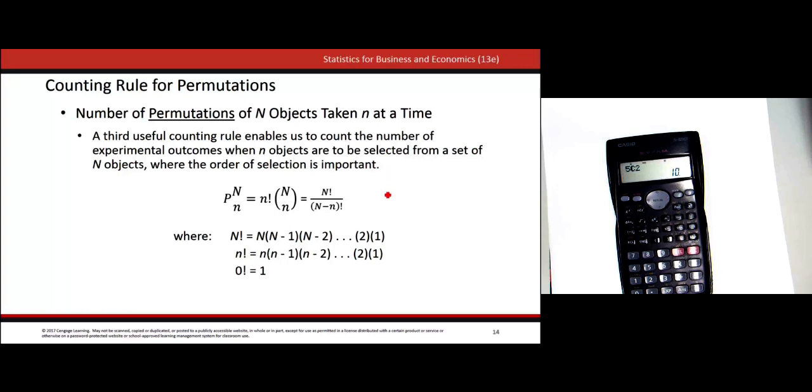For example, for the permutation, it will be 5 factorial divided by (5 minus 2) factorial, 5 times 4 times 3 factorial over 3 factorial, which is 20.